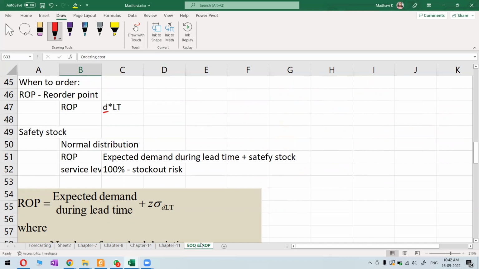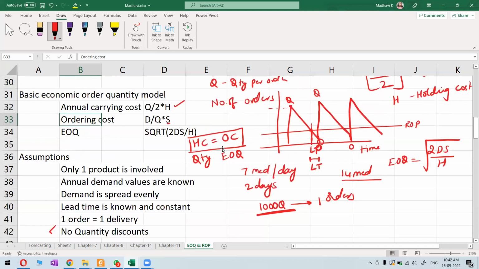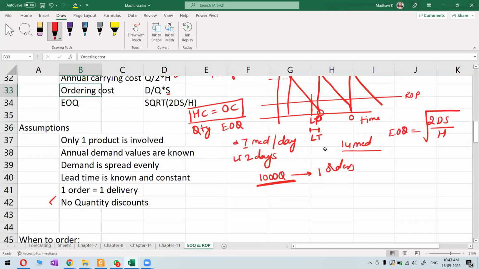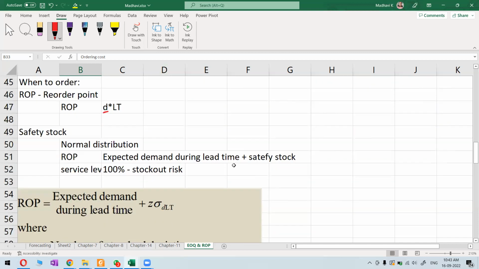So reorder point is nothing but the lead time multiplied by D. It is a similar explanation to the example above: if we have a consumption of 7 medicines per day and it takes 2 days to come, this is our D and this is our lead time. D into LT gives us the reorder point. We need to reorder when we are left with 14 medicines. That is our reorder point.